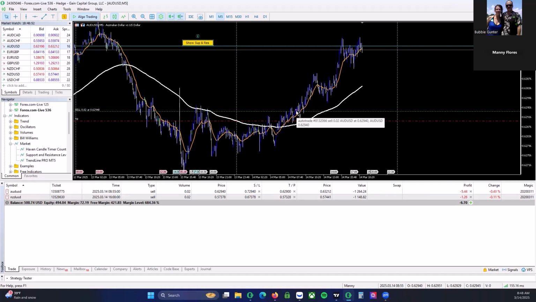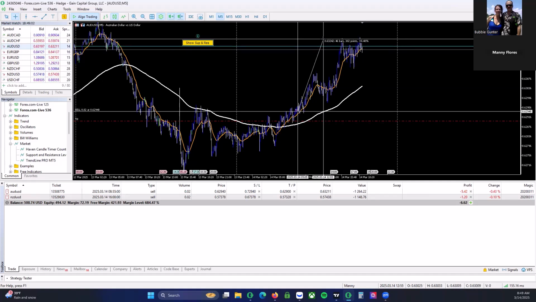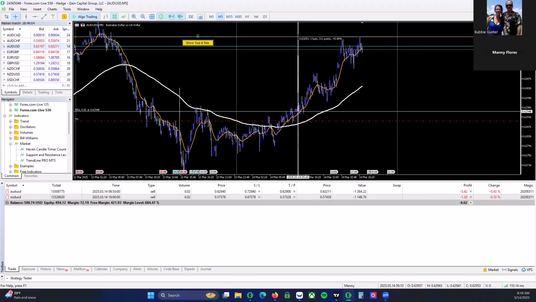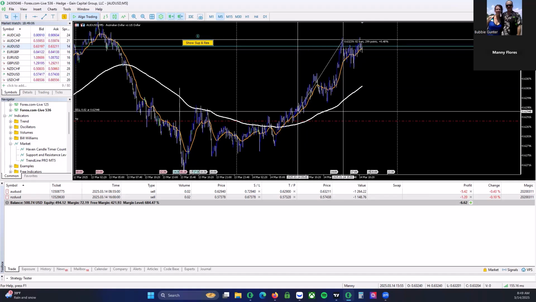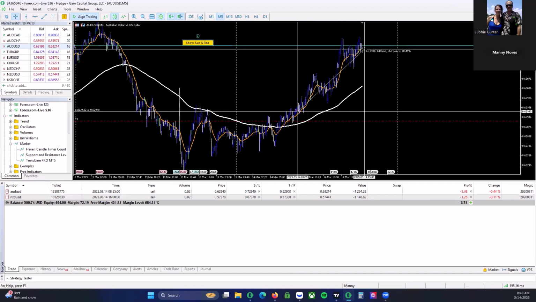Click your mouse wheel and the cross comes up. I want you to click and drag it all the way up to the top, to where the price action is right now. You can go at an angle, but go over to where the price is right now, right there.